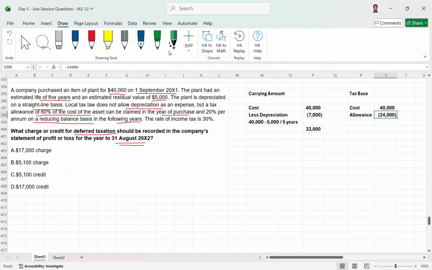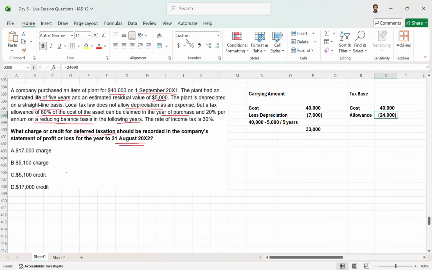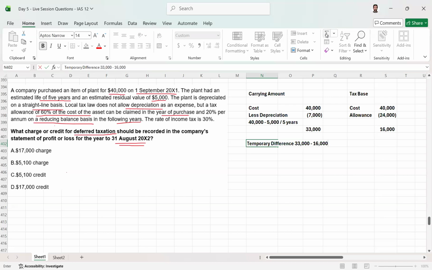So let's see what is the tax base. The tax base is going to be the difference of the two, 16,000. We can put it here in front, 16,000. The temporary difference is the 33,000, the carrying amount being the higher, and the tax base being a lower value. So that is going to be the difference.